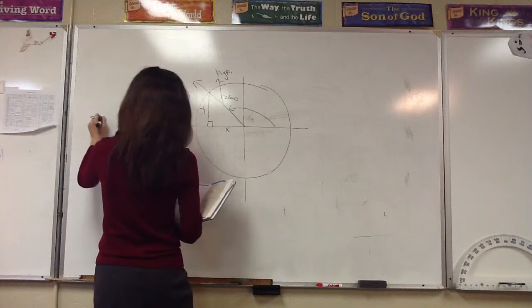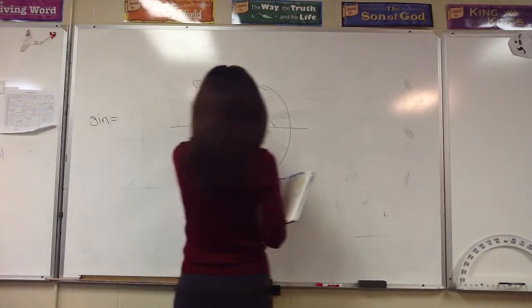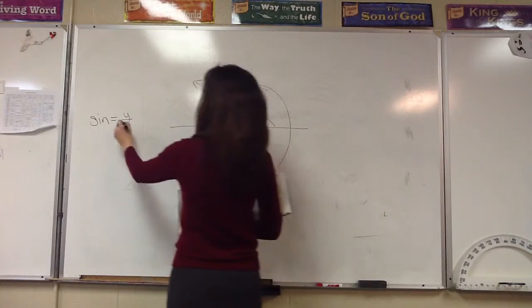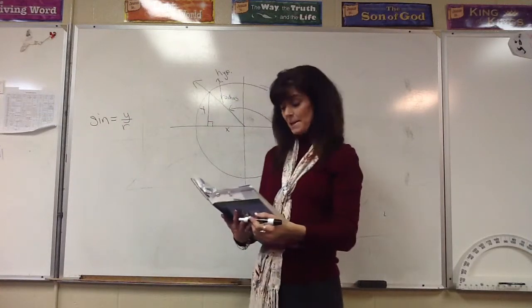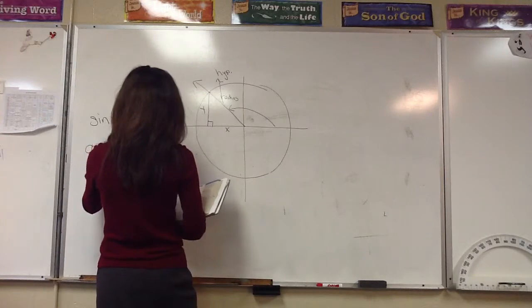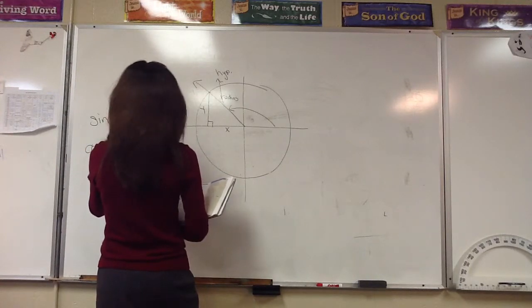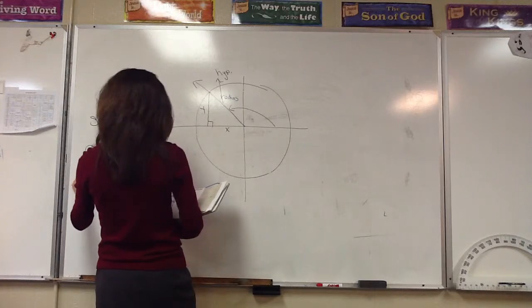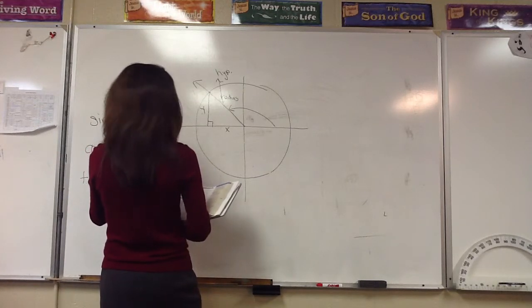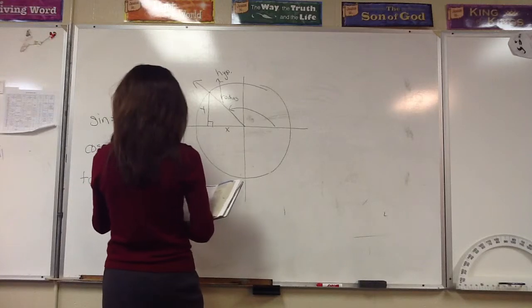Sine of theta is equal to opposite y over hypotenuse radius. Okay? Then we have cosine of theta equal to adjacent x over radius, and tan of theta equal to opposite y over adjacent x.